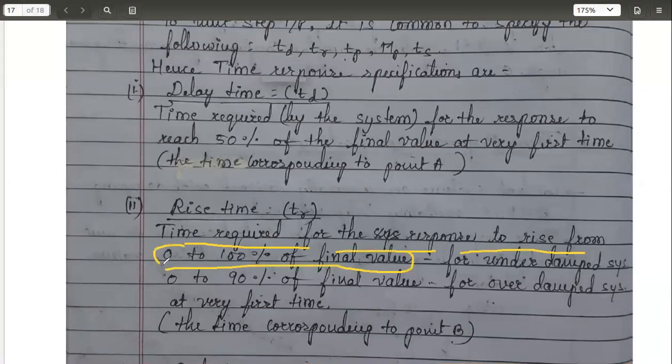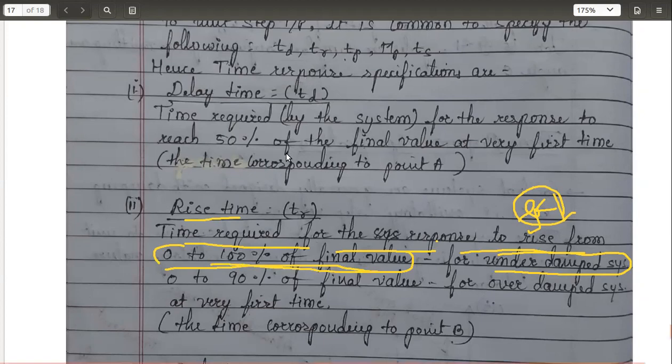There are two criteria here, not only two, just for your understanding I have given two. There will probably be another one, critical damping also. If I consider underdamped systems, that is when zeta is less than 1, damping factor less than 1, then I can define rise time as the time required for the response to rise from 0 to 100% of the final value.